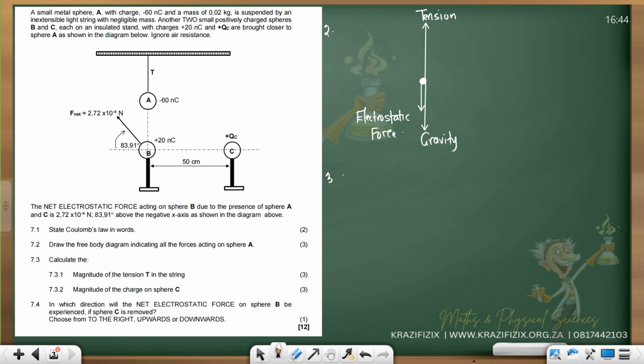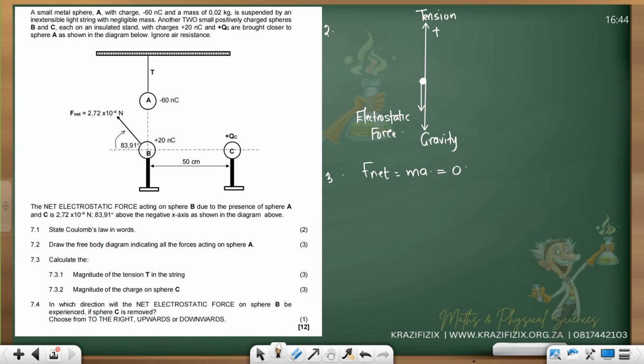Number 3, calculate the magnitude of the tension in the string. I think the object right now should be stationary. A is stationary. So the first thing I know, since A is stationary, F net equals ma, but that F net is 0. The question is, what is F net?